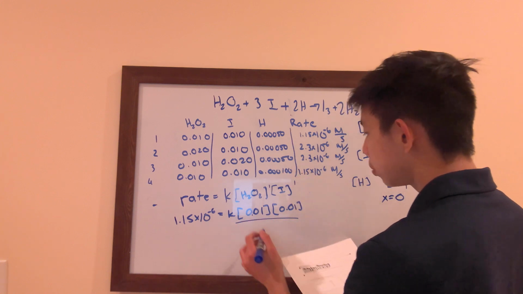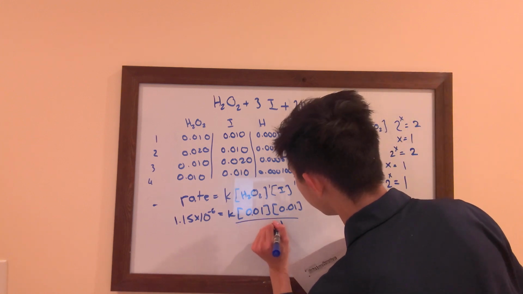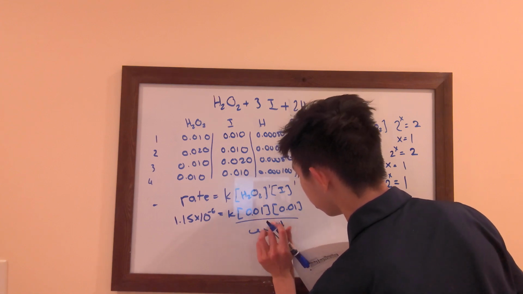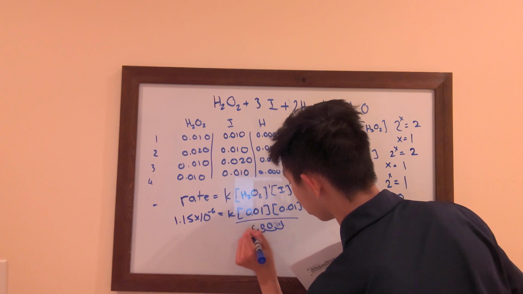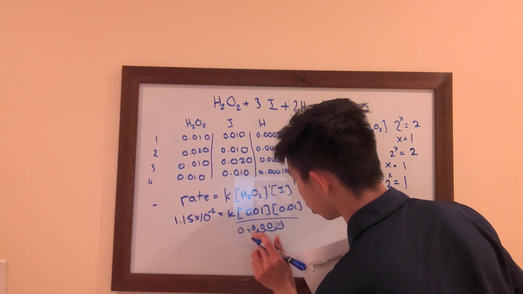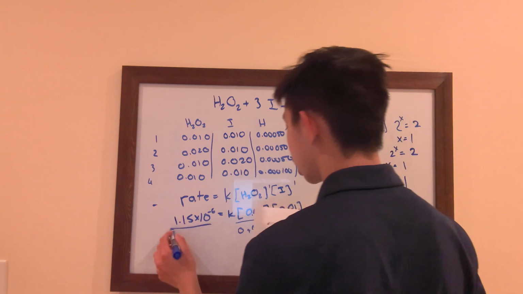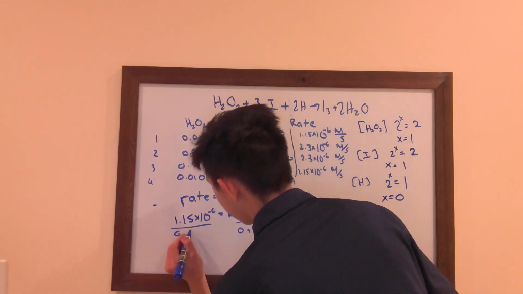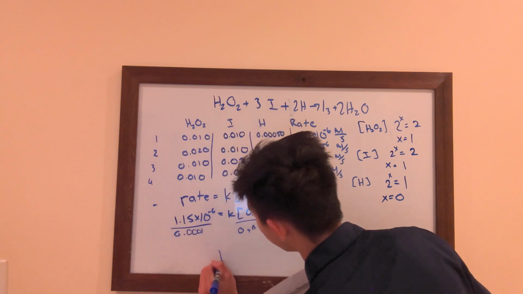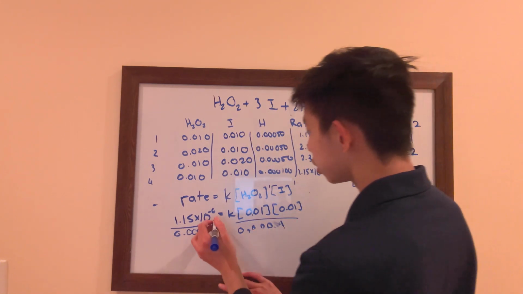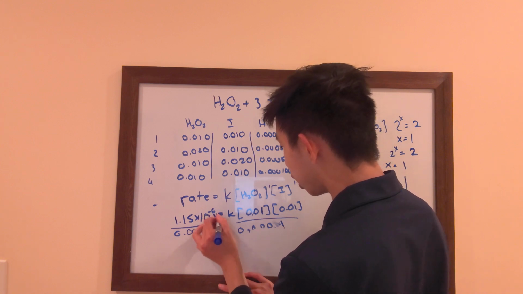You divide both sides by the concentrations. I also forgot to write the units, so this is M over s.